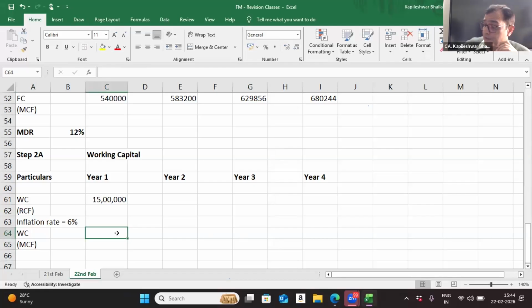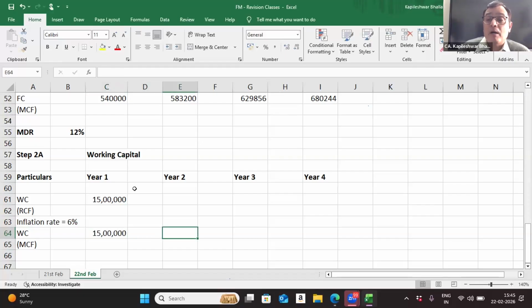Now when you consider this 15 lakhs, are we going to apply the inflation rate to this 15 lakhs? This is what you're introducing at time 0. So are you going to consider the effect of inflation on this? I'm getting some mixed, divided opinions on this. I think since this is being introduced at time 0, this is already in MCF terms. So this remains 15 lakh.